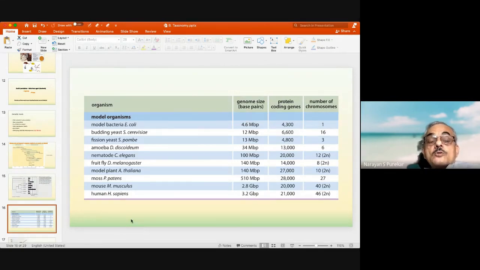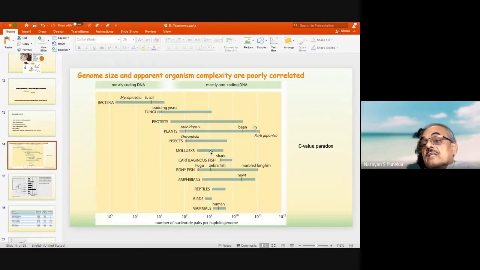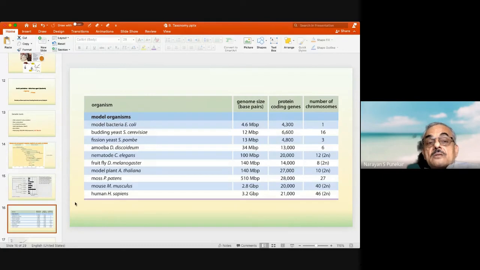So this can also be used in some sense as a way of classifying, but in fact this fails when you see things like the C-value paradox. So the point is that you need to look at a variety of tools, a variety of characteristics, before you come to a conclusion. That's what I'm trying to show you.